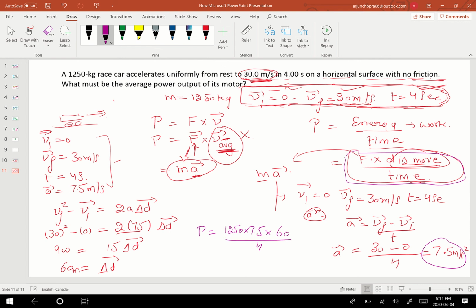So 1250 times 7.5 times 60 divided by 4 came out to be power equal to 140,625 watts, which can be written as 140.625 kilowatts. And I will just tell you the relation between watt and kilowatt: one kilowatt is equal to 1000 watts.